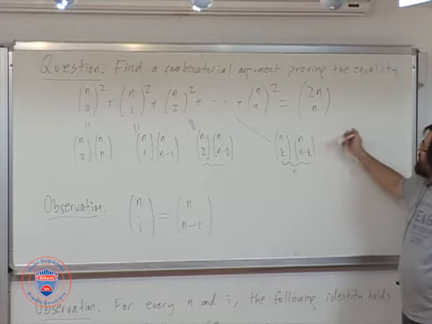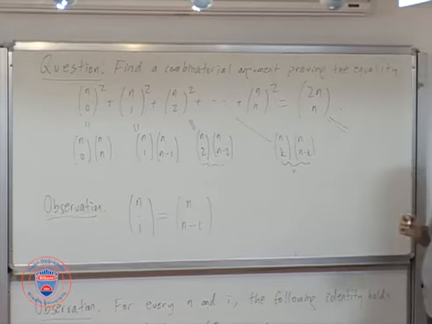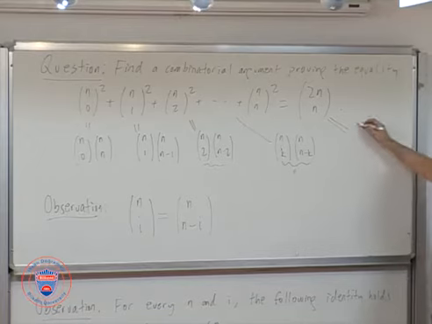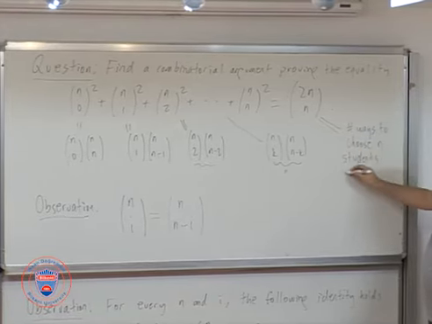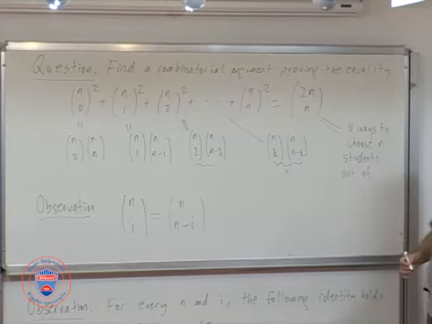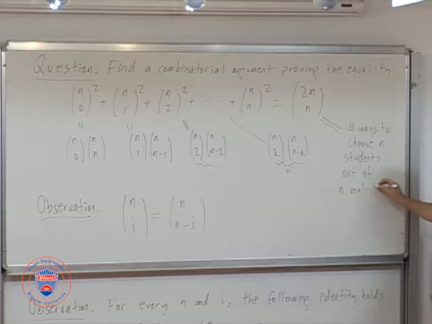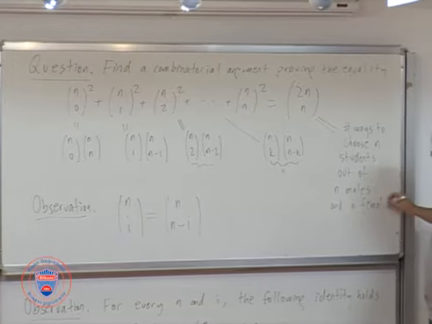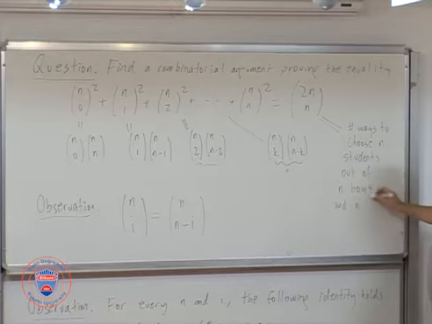So you can take this as choosing n students. Okay? So the number of ways to choose n students out of n males and n females, like boys and girls, basically.